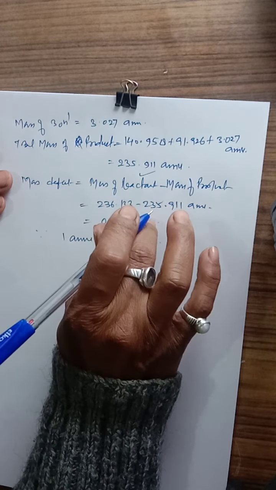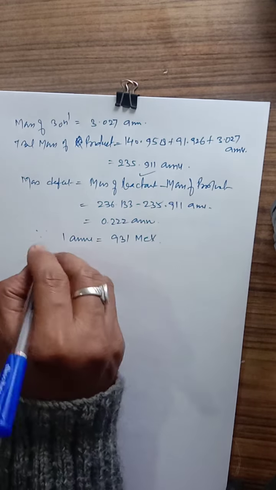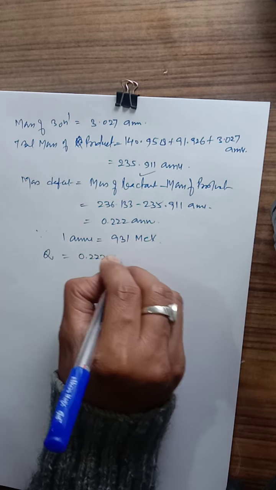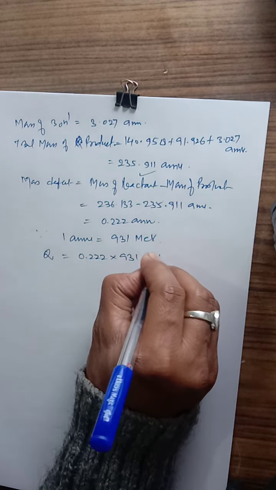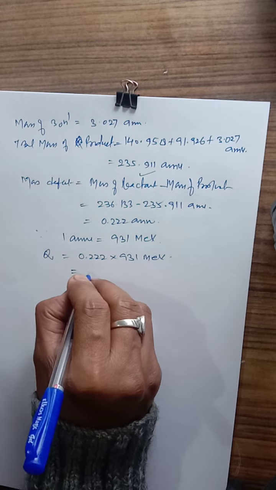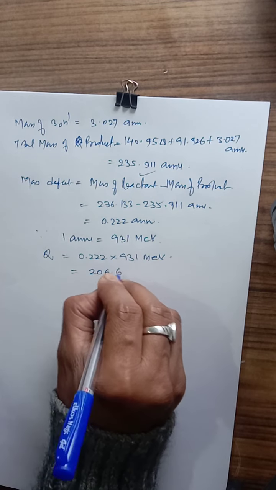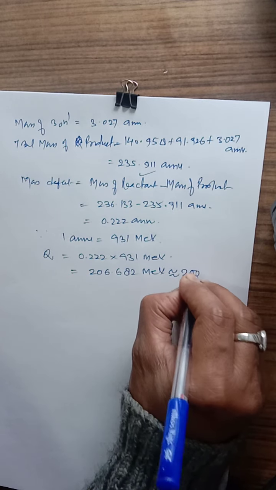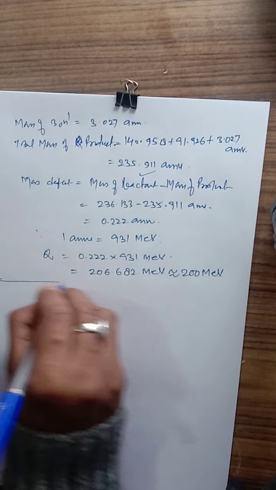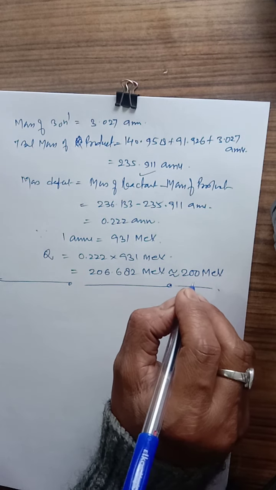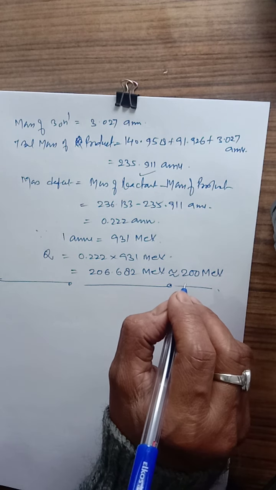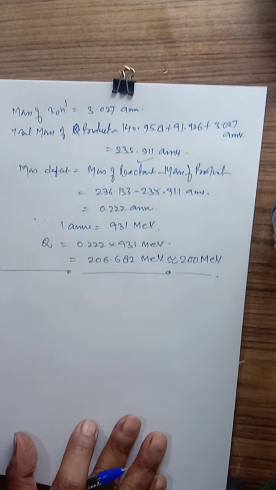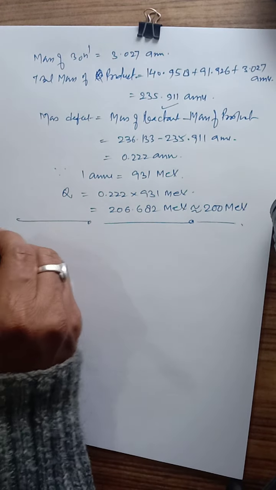So the energy Q is equal to 0.222 into 931 mega electron volt. It gives you 206.682 mega electron volt, which we say is approximately 200 mega electron volt. So this is the kind of calculation we are going to do.